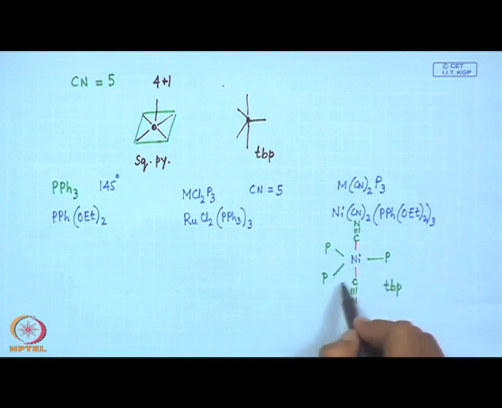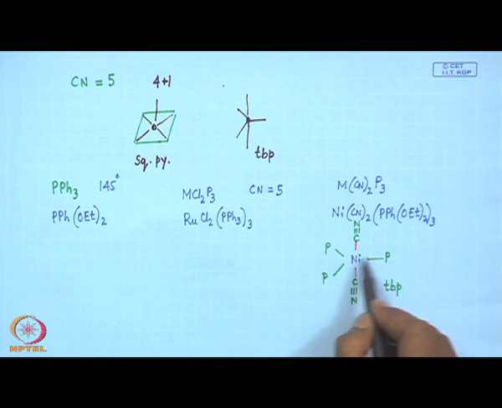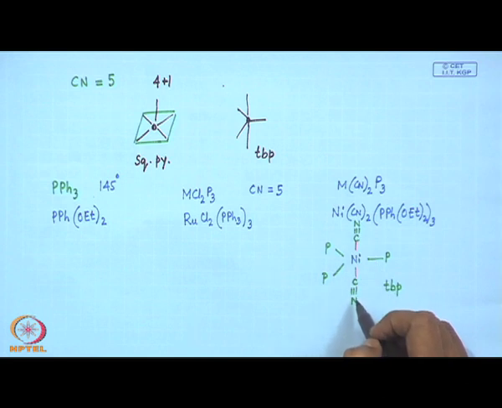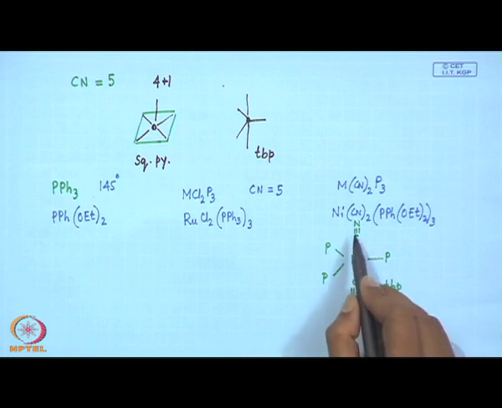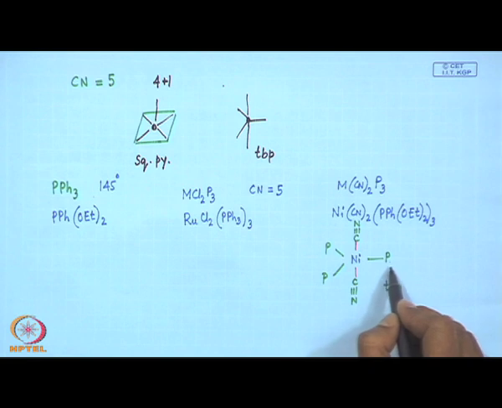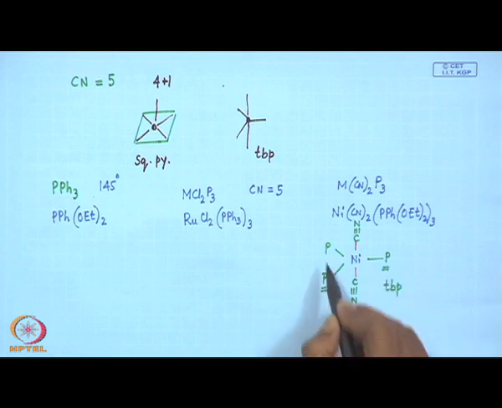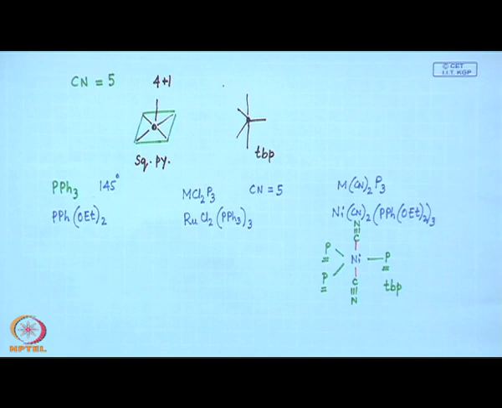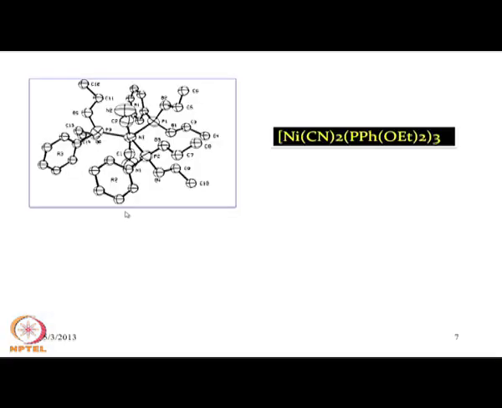The repulsion is still there because they are 90 degrees apart, but in this particular case they will be 180 degrees apart, but still they will not go for the corresponding species, because nickel can have the possibility of getting the compound NiCN2 PPh3 2, because these phosphine groups are neutral ligands. But when they try to expand their coordination number from 4 to 5, they basically go for the corresponding coordination number of 5. So, this is a good example for a coordination number of 5.